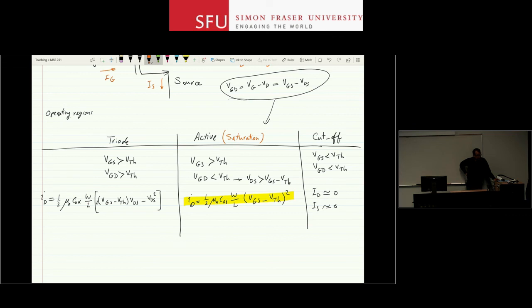But as I said, you still have discrete circuits, and you usually design with discrete elements, and that's where BJTs are dominant. You need to learn about MOSFETs for power electronic applications and a lot of other cases. So the next lecture is going to be about how to solve circuits that have MOSFETs in them.